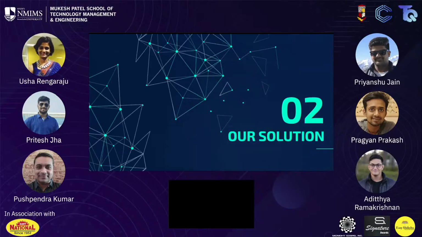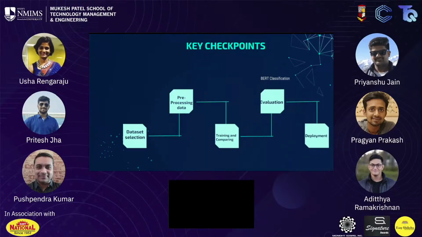Going over our solution, we first selected data sets: the TV Tropes data set and the Goodreads data set, as well as the IMDb spoilers data set, which we finally trained the model on. We pre-processed the data, which was basically creating tokens using the BERT tokenizer, then training and comparing.